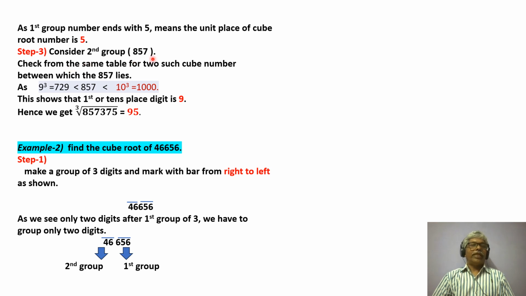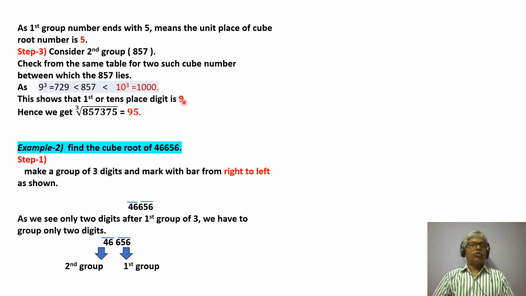Now consider the second group, 857. Second group means the left hand side group. Check from the same table for two cube numbers between which 857 lies. That means 9 cube is 729 and 10 cube is 1000. 857 lies between 9 and 10, and this shows that the tens place digit is 9.